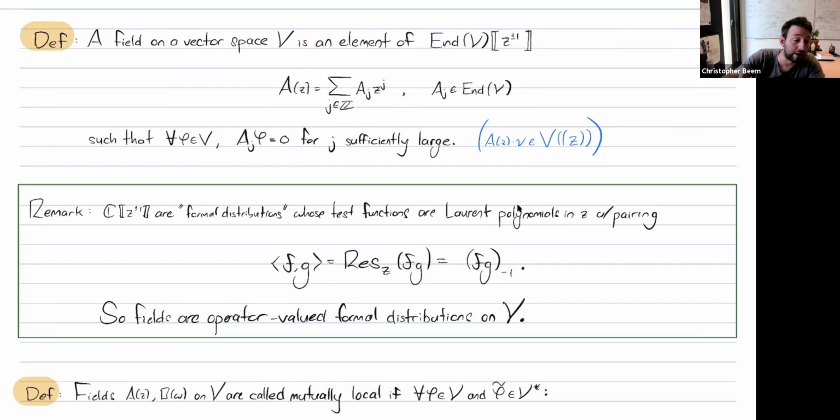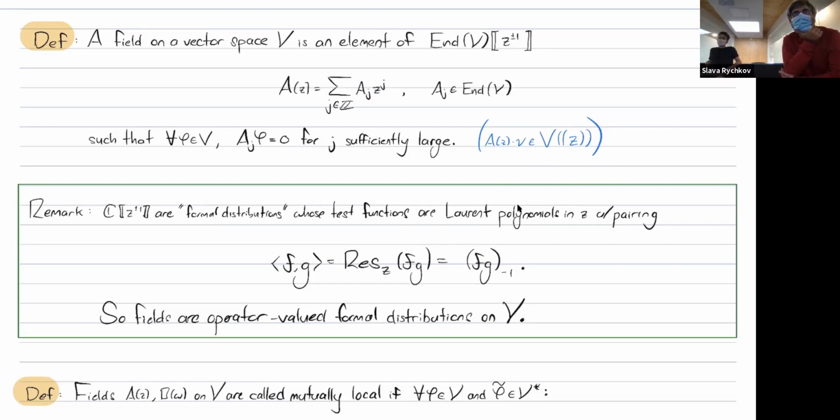So that means that the thing that you get when you act on a vector with this object is going to be an element of your vector space adjoin formal Laurent series in Z, which is what these double curly or double curved brackets mean. It means that you have a formal infinite series in Z. It's bounded in powers below, but not above.